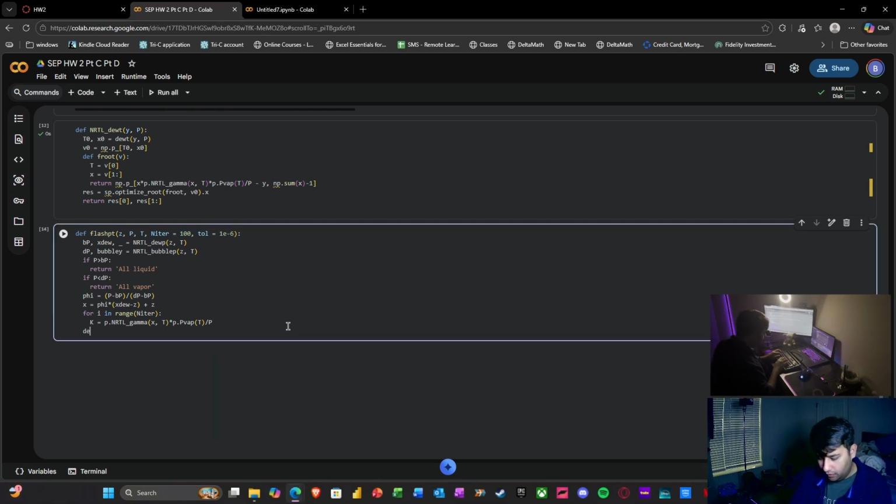Now we're going to define our f root, which I think goes straight into the for statement.